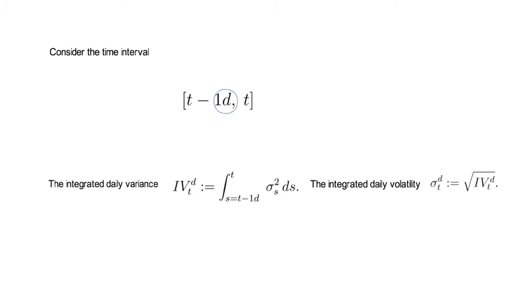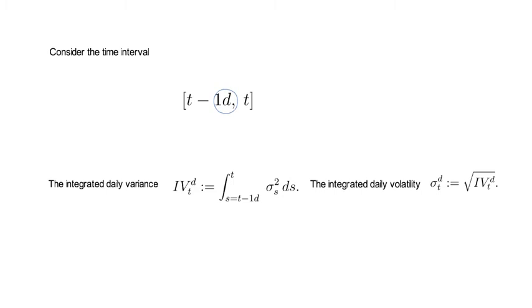Now, notice here, a series of seminal research papers have shown that the integrated daily variance can be approximated to an arbitrary precision through the sum of intraday squared returns.